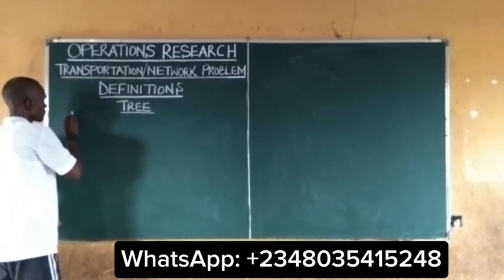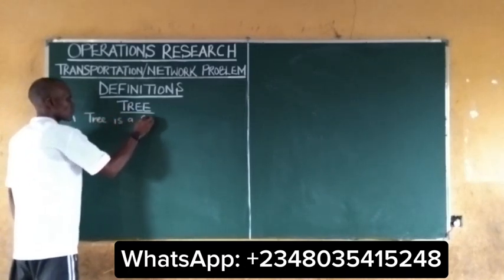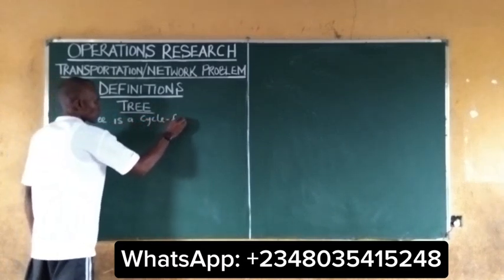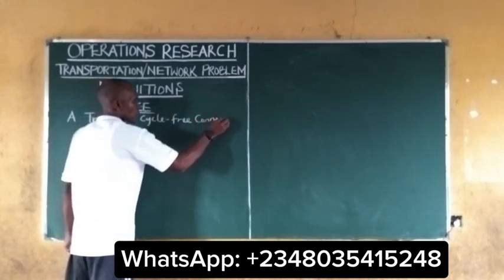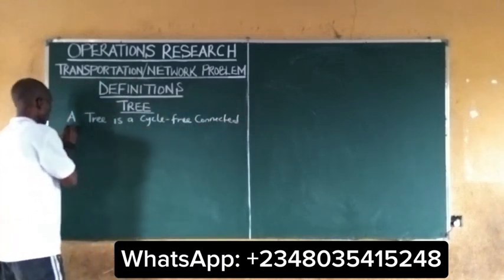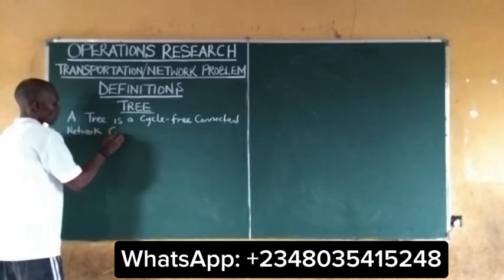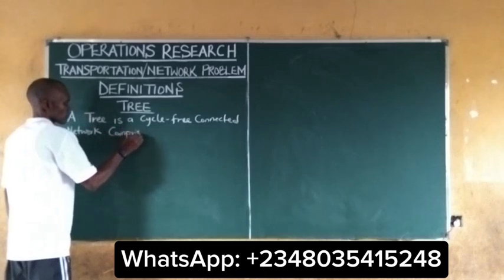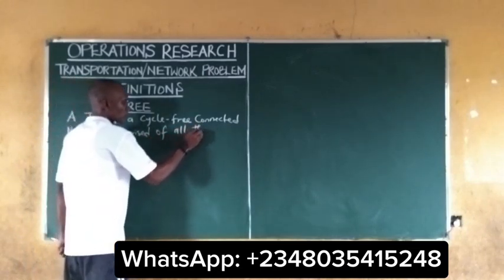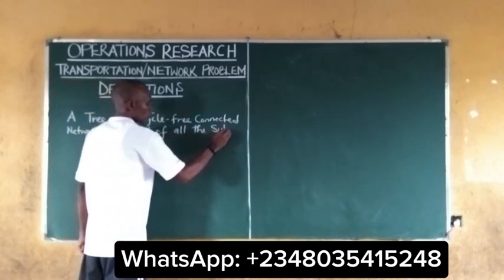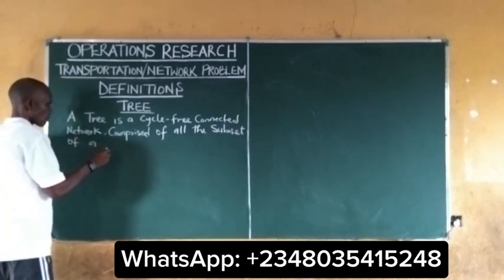A tree is a cycle-free connected network comprised of all the subsets of a node.